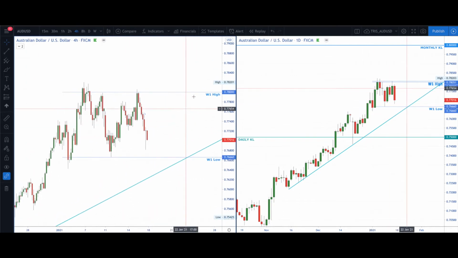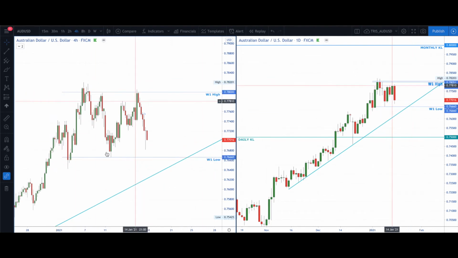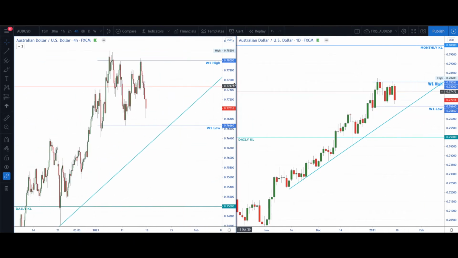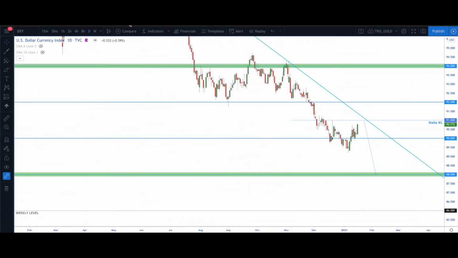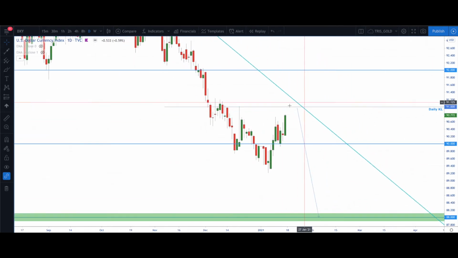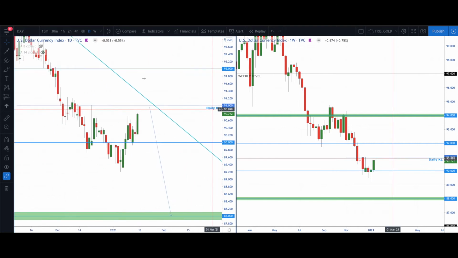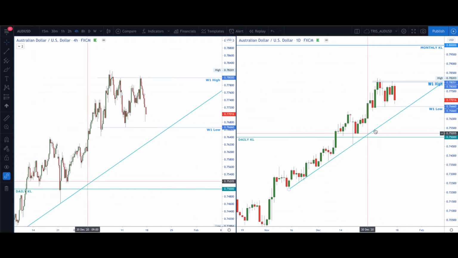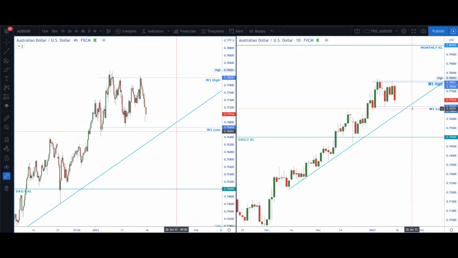So I've mapped out this weekly high and weekly low from last week, because we are sort of ranging. Similar to the dollar index, which is pushing up to this trend line, we can see the opposite, Aussie dollar pushing down to this trend line. We see a daily trend line formed very steadily on the Aussie dollar.